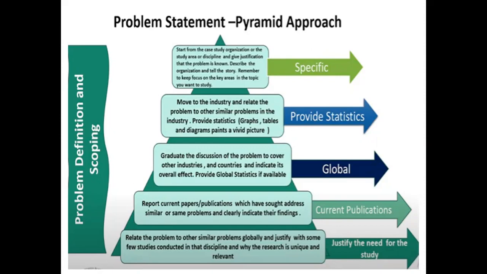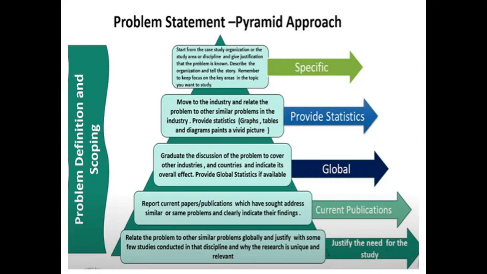So that's where literature heavily comes in. And this is specifically to give it some relation to other similar problems in that industry. You relate it to that. If it has to do with road accidents, you want to relate it to road accidents and statistics on road accidents globally.